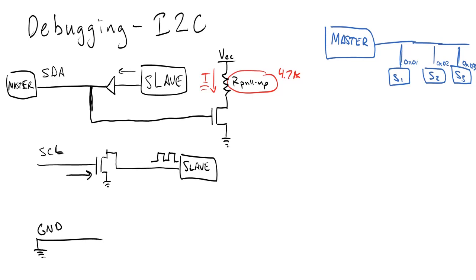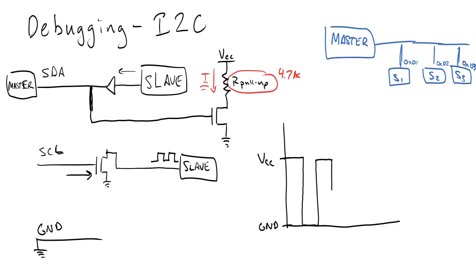So if we were to scope this with an oscilloscope, we'd have VCC here, and this would be ground. We would expect to see something like this: full swing of the data signal, nice and clean, right?